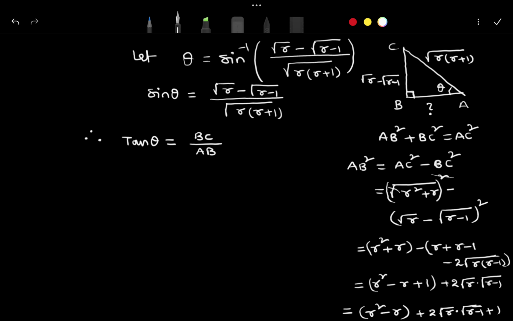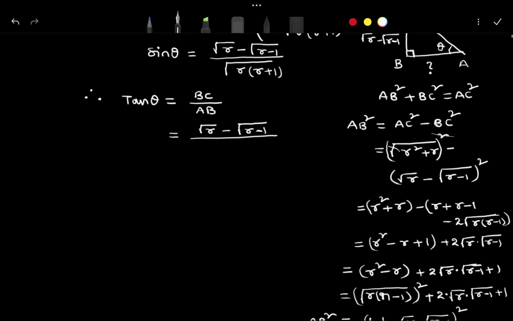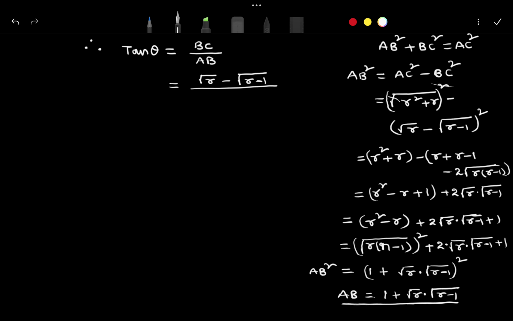So what is that BC value? BC value will be root r minus square root of r minus 1, whole divided by the AB value. What is that AB value? 1 plus root r into square root of r minus 1.